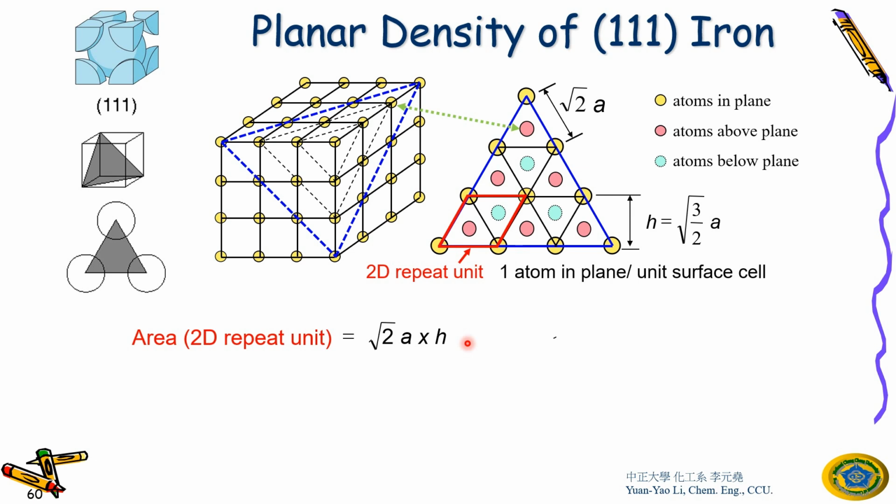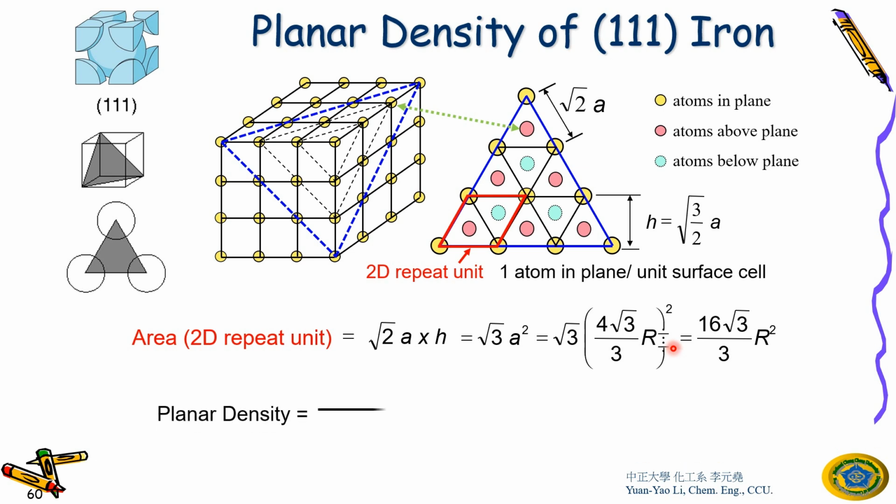Height is this one, okay? And then after that, please do this. And then a will be, you don't know a, but you know R, right? I just give you the number. So this is what you can get for the area of this repeat unit.